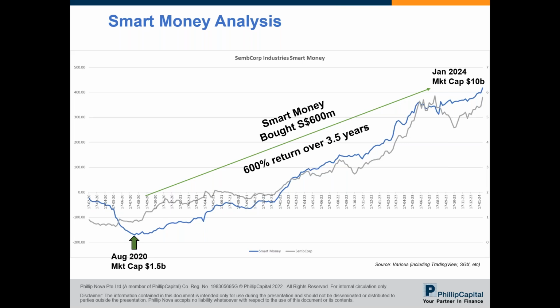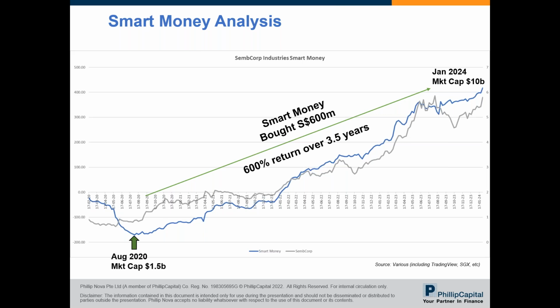If there are more buyers than sellers among the smart money, then the share price would appreciate. So by studying what the smart money is doing, we can understand the direction the stock price will go towards.